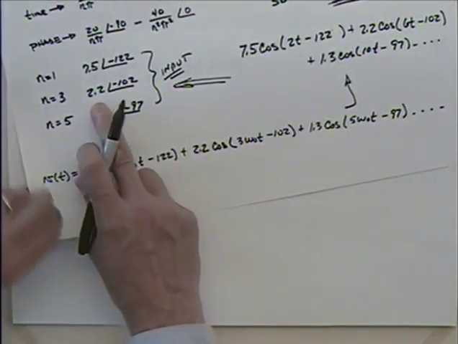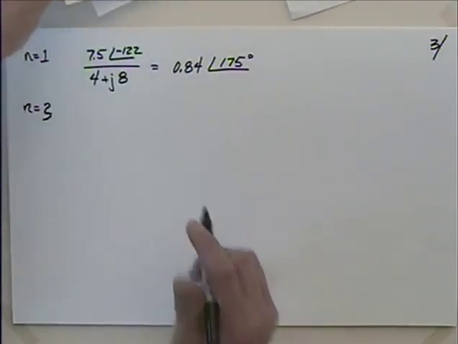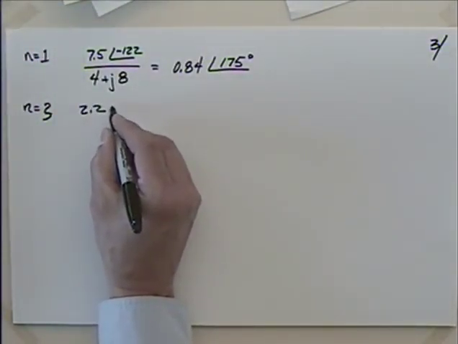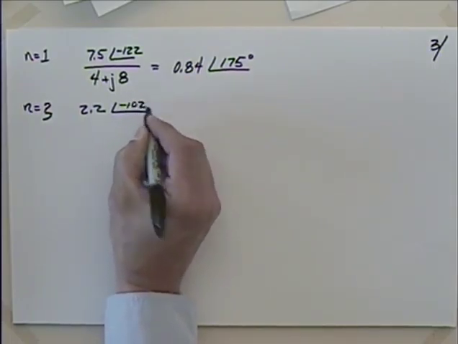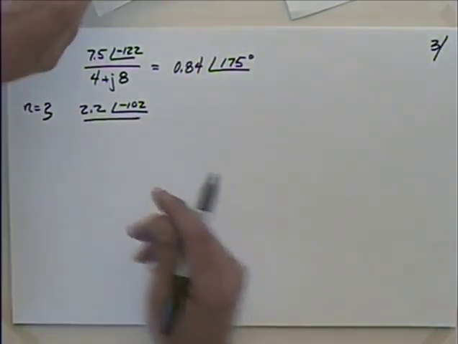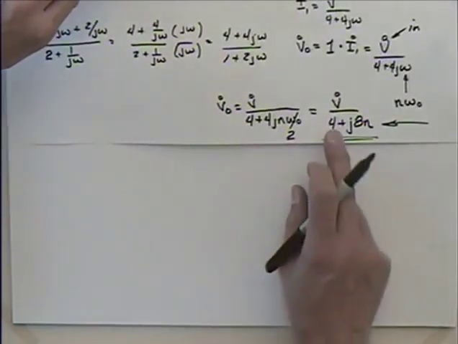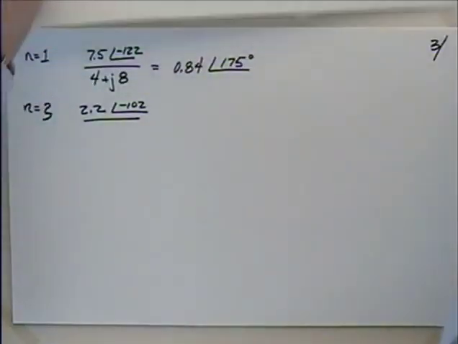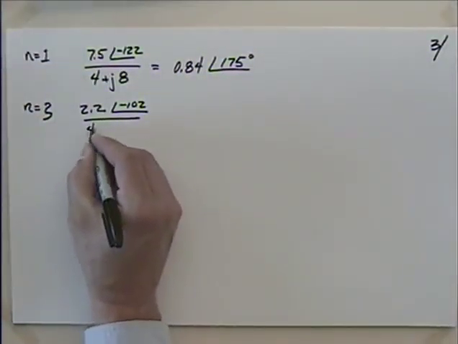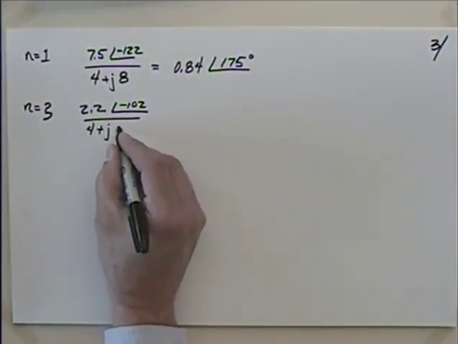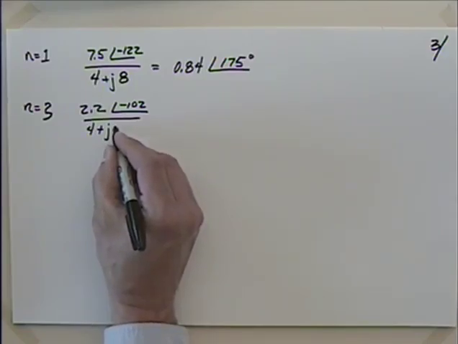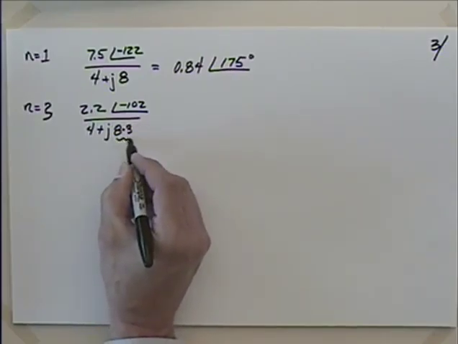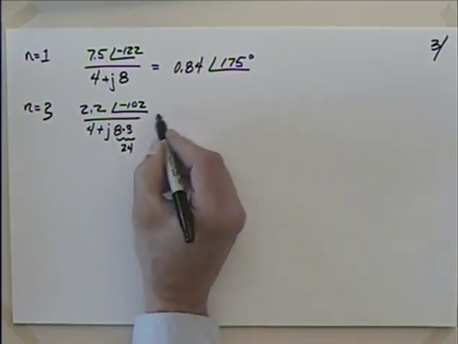When n is equal to 3, I had 2.2 at minus 102. So I will do 2.2 at minus 102. And then in the denominator, going back to this last page, I got 4 plus j8n. So 4 plus j, 8 times 3, which is of course 24.